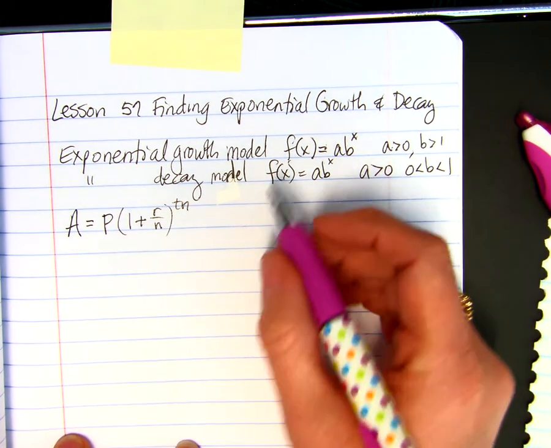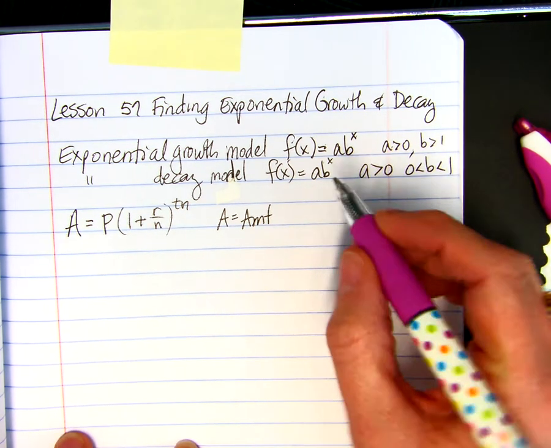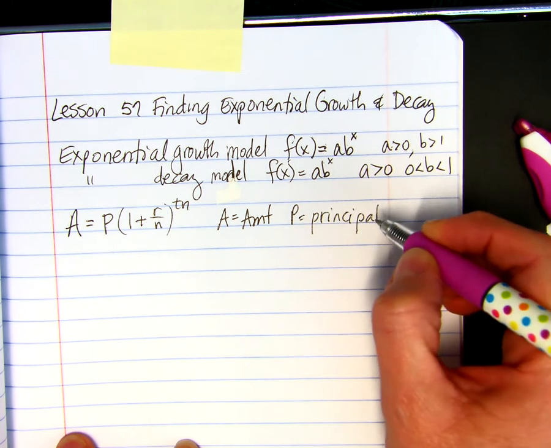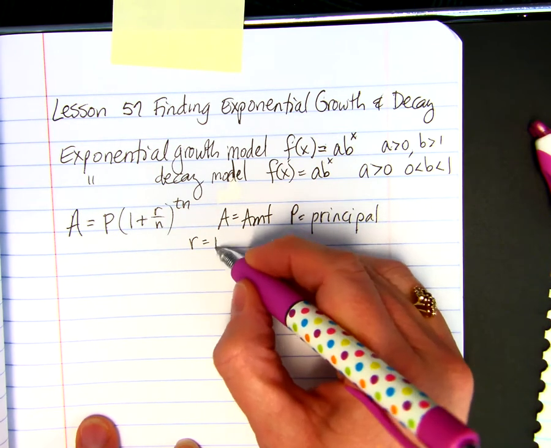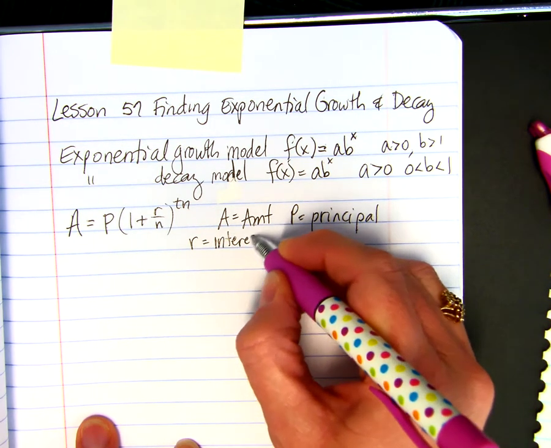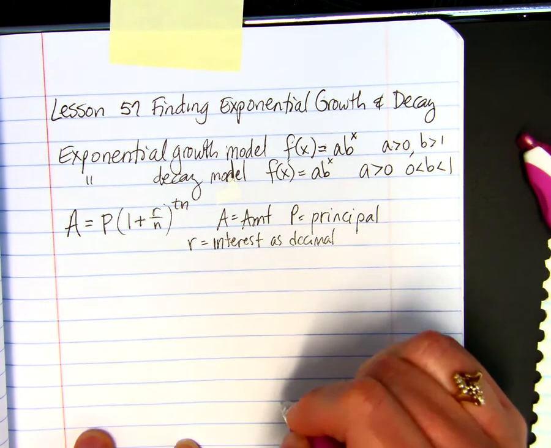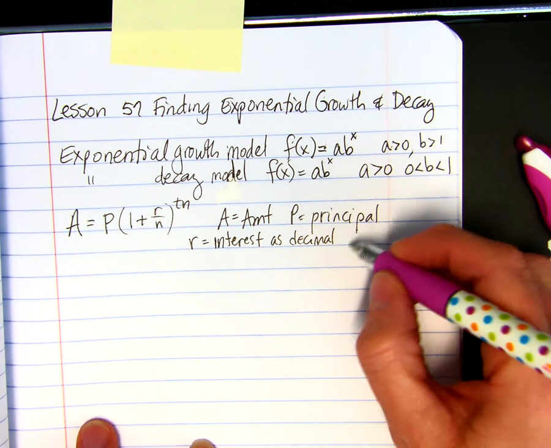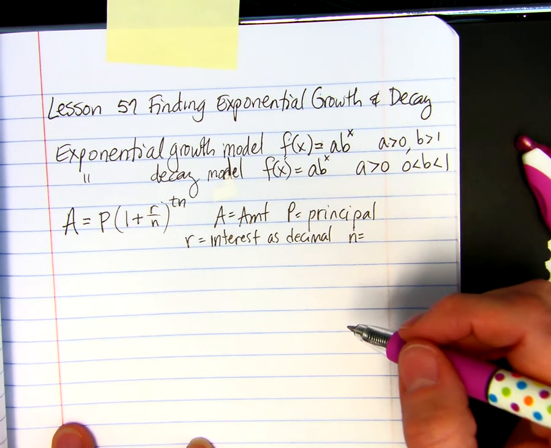So A is the amount of money, P is your principal, r is the interest rate in decimal form, and n is the number of compounding periods in a year.